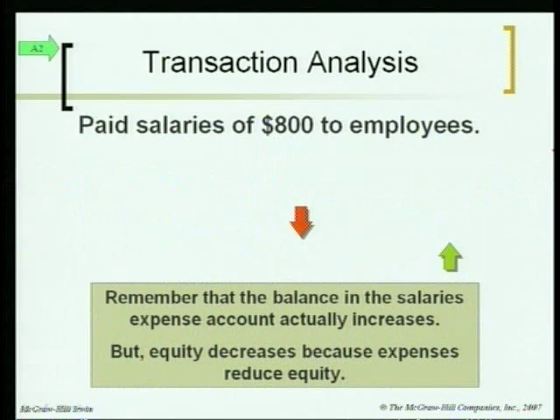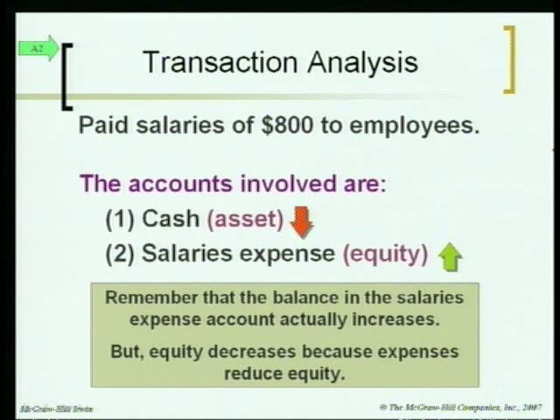Now I want to think through this one. We paid salaries of $800 to employees. Okay, how is this going to look? Well, let's talk through this. Cash goes down by $800, right? Because we had to give that $800 out to our employees. And salaries expenses goes up. Okay?